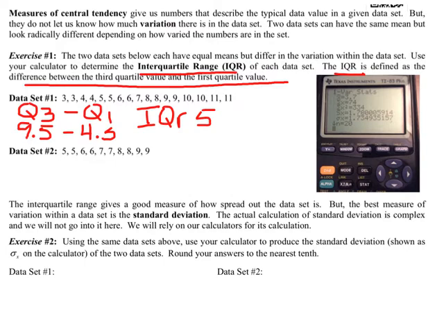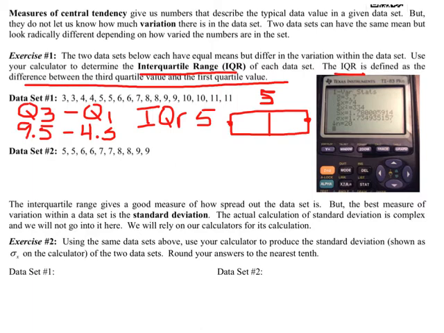That means my box, if I was thinking about my box and whisker, from this point to this point is going to be a difference of 5. So that means my box is going to be a little bit bigger.